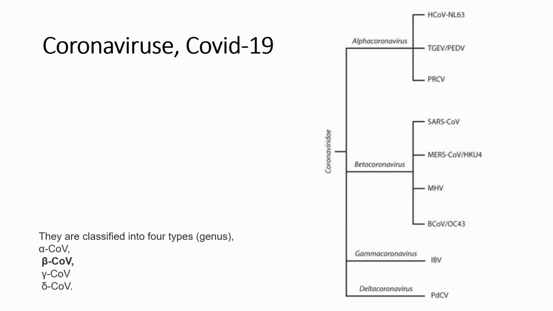For example, in the alpha, the best examples are PRCV or HCoV-NL63. In the beta coronavirus we have SARS-CoV or MERS-CoV, in the gamma coronavirus we have IBV, and in the delta we have PDCV.